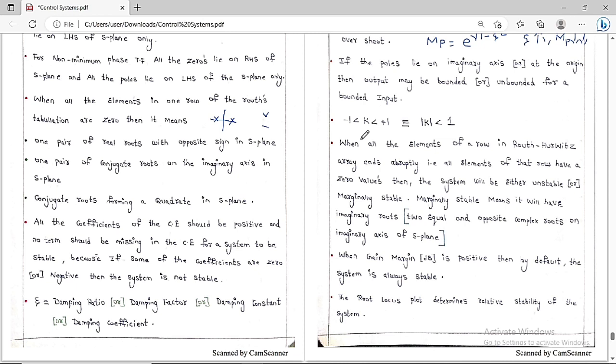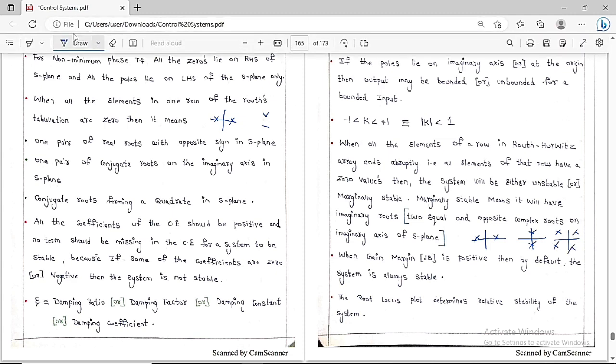So the system can be either marginally stable or unstable. Out of these, one is going to happen always. So these are case 1, case 2, and case 3. One of them is going to happen for sure. Now you can see here one.